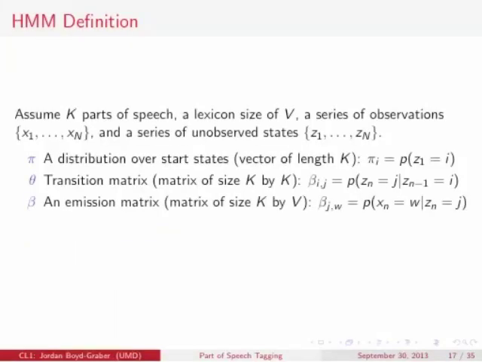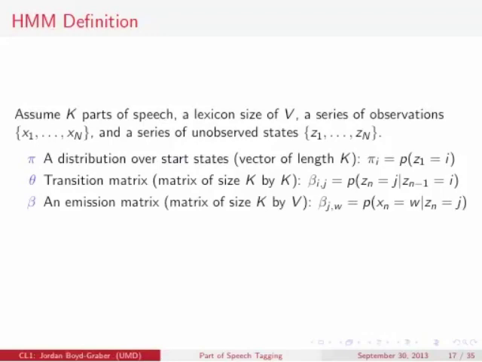Okay, so assume that you have k parts of speech and a dictionary lexicon of size v, and you have some observations, x1 to xn, these are your words, and a series of unobserved states, z1 through zn. These are your parts of speech. We assume that we have a distribution over start states, and this is a vector of length k, that tells us what is the probability of having i as our first part of speech in a sentence.